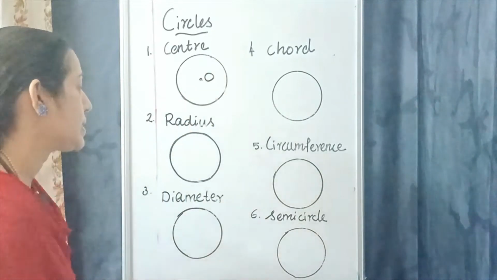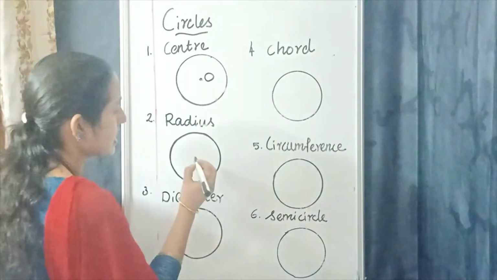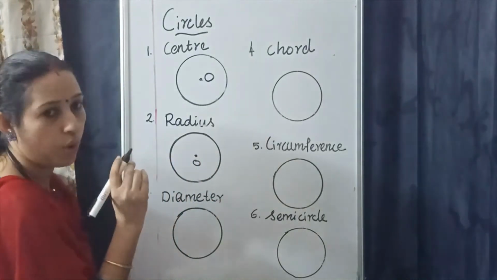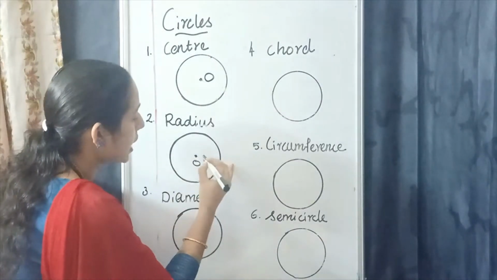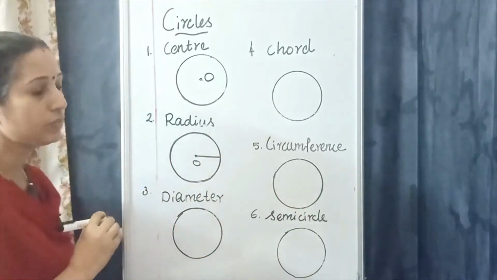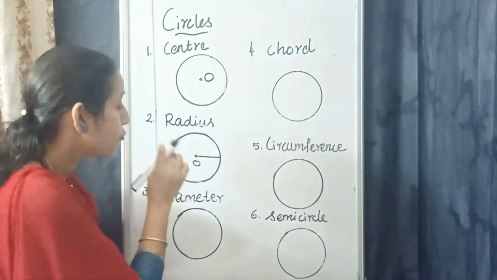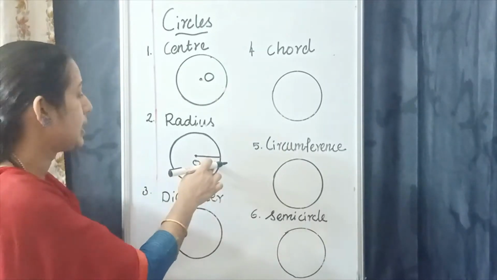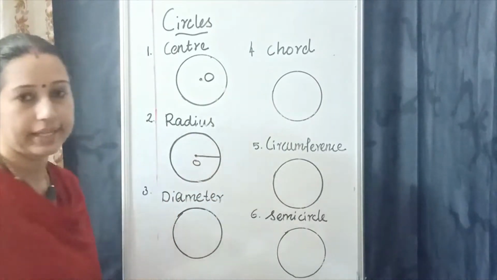Okay, next one is the radius. You know this is the center O. If we draw a line from the center to any point on the circle, it is called the radius.